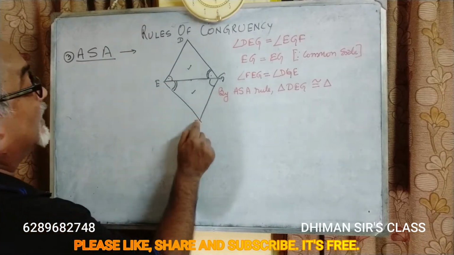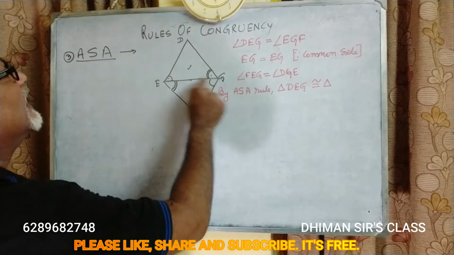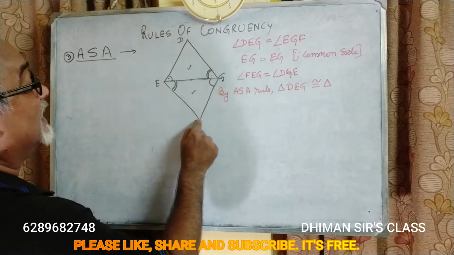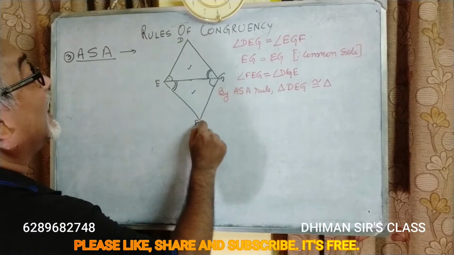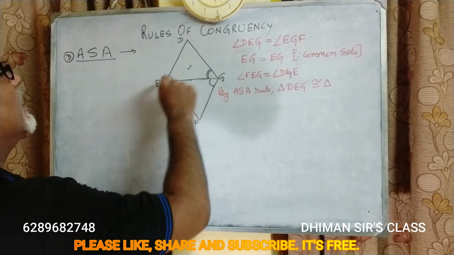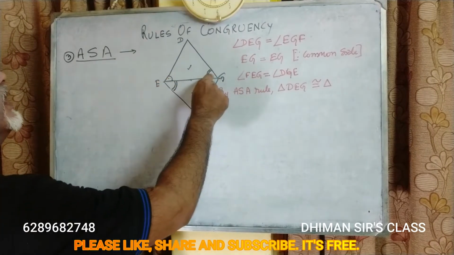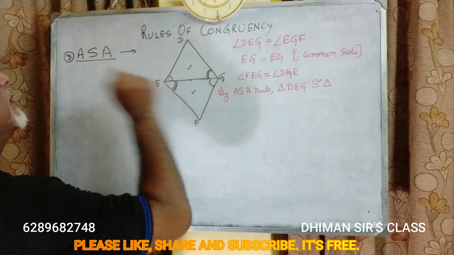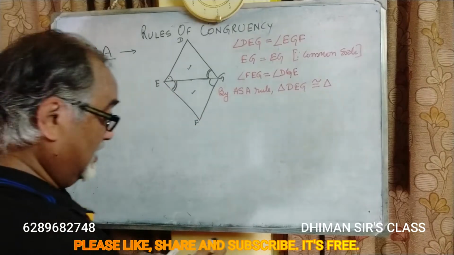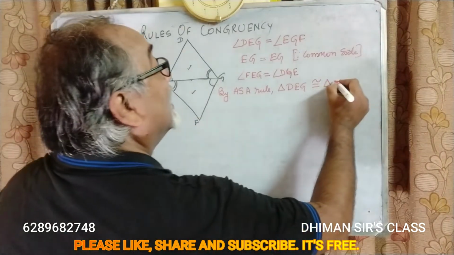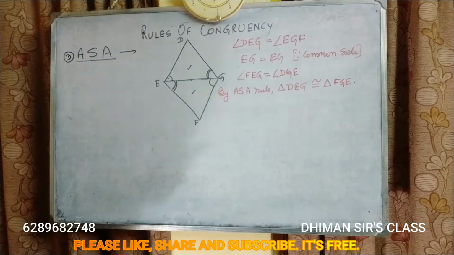So from the peak we will move on to the angle which has got a single mark, that means FGE, and then from EG is equal to GE. From single mark to double mark we are moving. Here also single mark to double mark. So DEG, FGE. Clear, students?